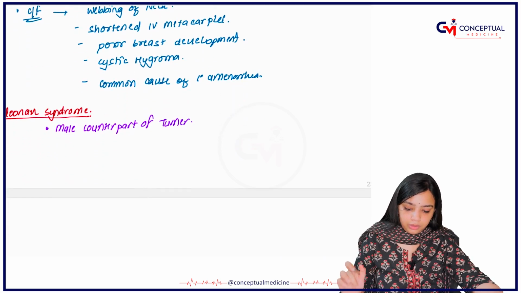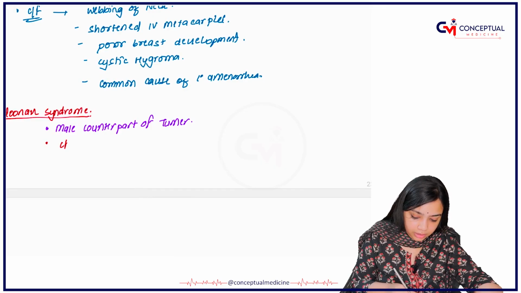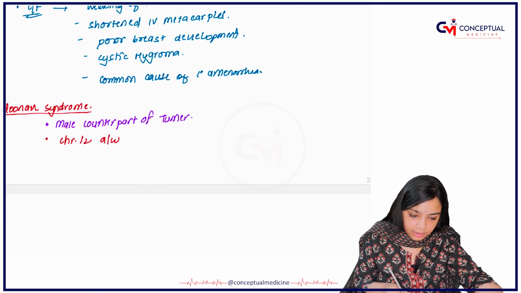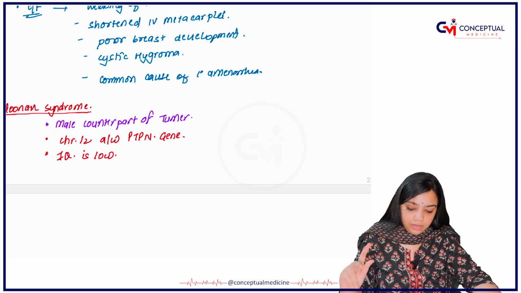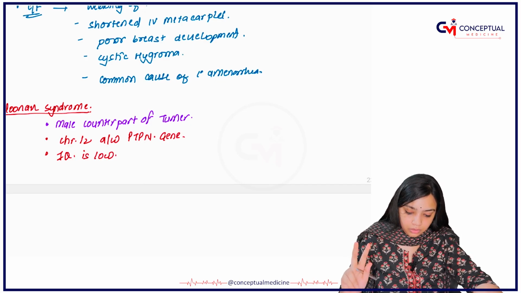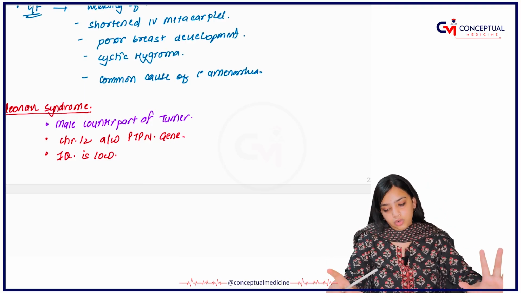Noonan is the male counterpart of your Turner syndrome. What happens here is there are chromosome 12 problems associated with the PTPN gene, and the IQ here is low. Okay, so we have talked about Noonan syndrome and Turner syndrome as well. Next, moving on to the diagnosis of genetic disorders.